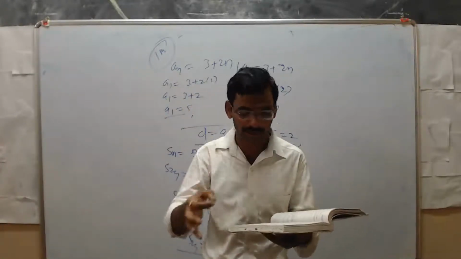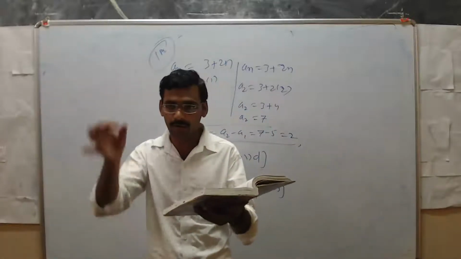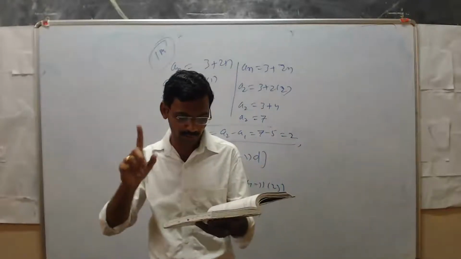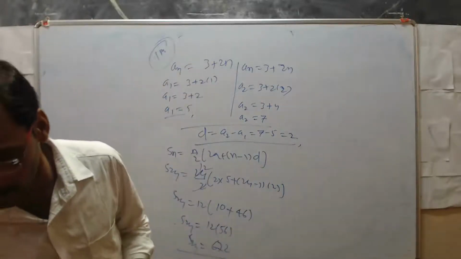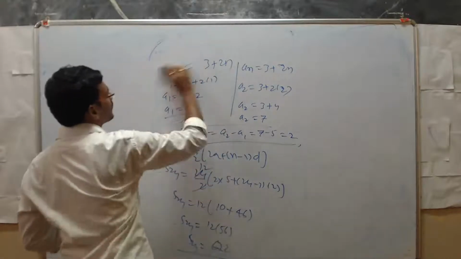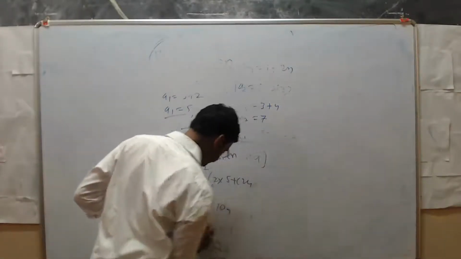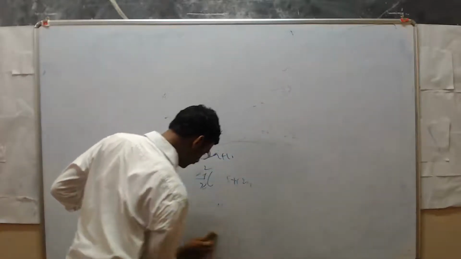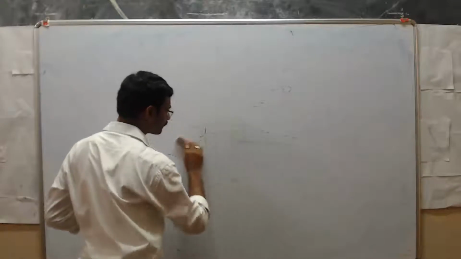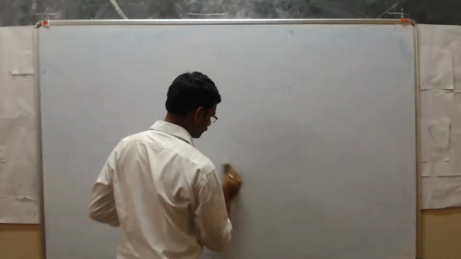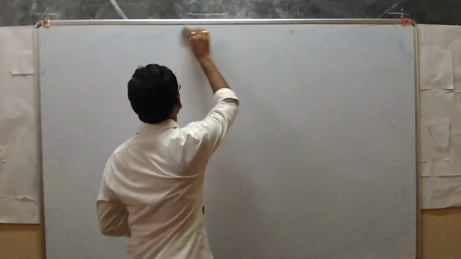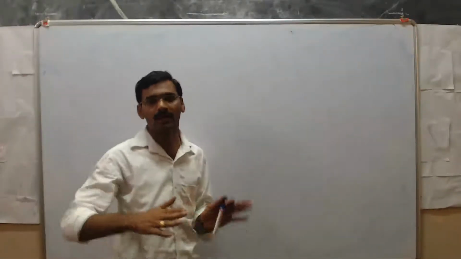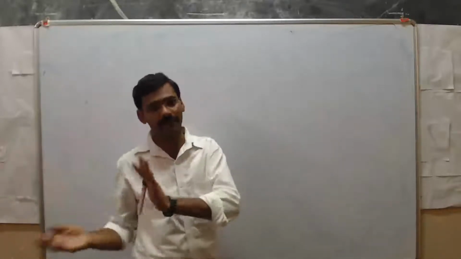It means we have to find the production of the first year, the production of the 10th year, and the total production of the first 7 years.